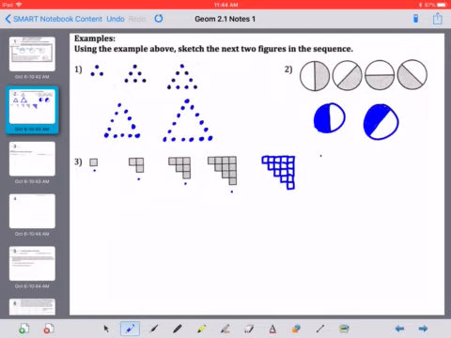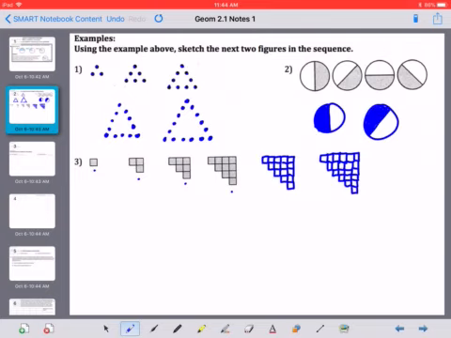And then for the last figure that I'll draw, again, I'm going to start by redrawing the previous picture that had a row of 5 squares. And then I'll add a row on the right with 6 squares. So there's our next 2 pictures.